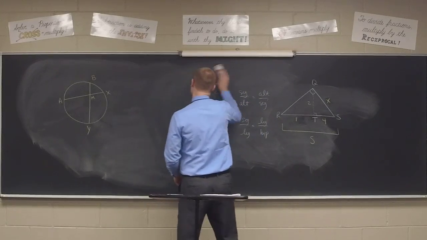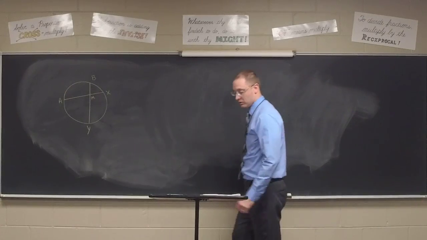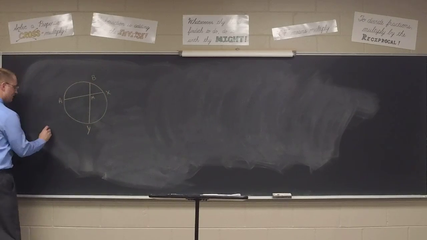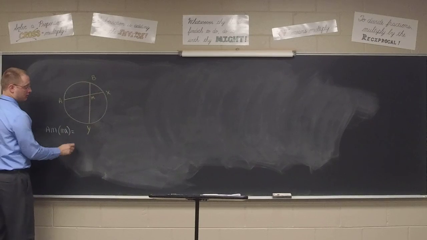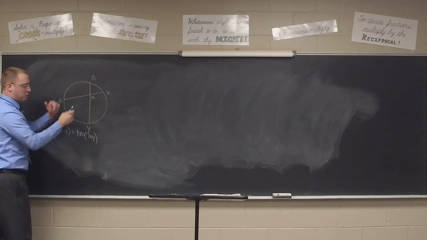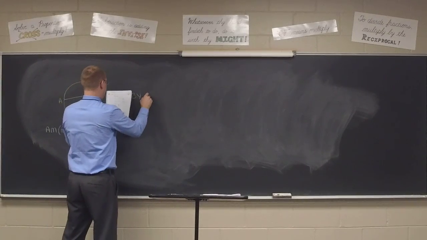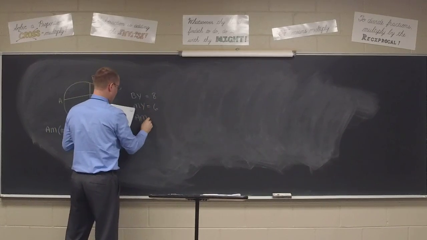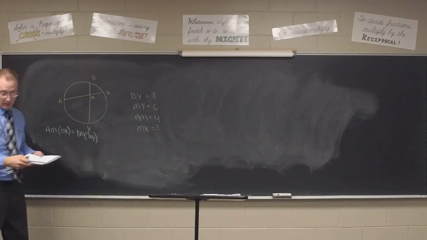Is it the product, AM times MX equals BM times MY? There we go. The product of segments equals product of segments. So, for instance, let's suppose we knew that BY was 8, MY was 6, AM is 4, and I wanted to know the length of MX at your seats.